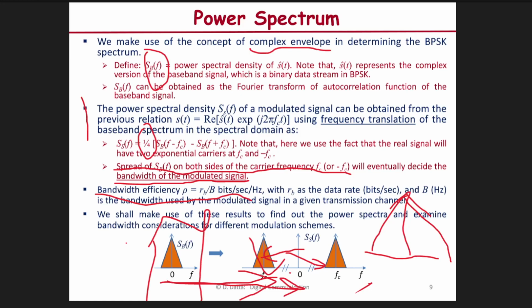You must have read the Nyquist theorem in your baseband module. If you have a channel bandwidth B, you can transmit at a rate RB. If it is a baseband signal, you can transmit at twice the bandwidth, so RB can be 2B. RB is bits per second and B is the bandwidth in hertz, so RB by B is bits per second per hertz. That is what is called bandwidth efficiency.